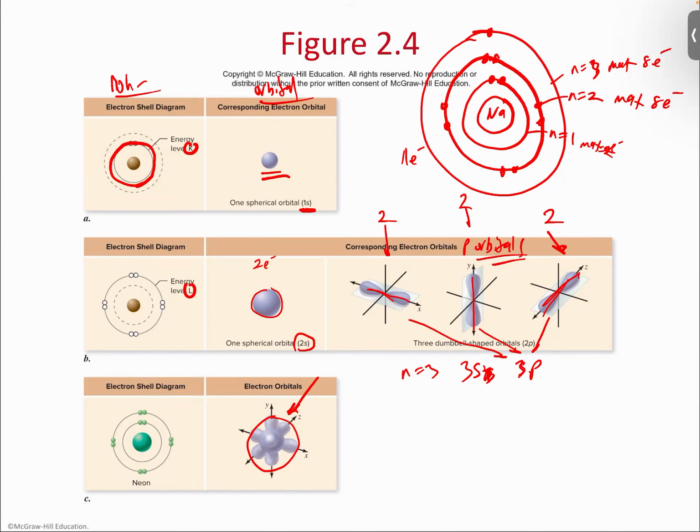So as you go out, n equals 4, n equals 5, n equals 6, n equals 7, and so forth, it's 8, 8, 8, 8 from here on out until you fill everything up. Make sense? So in that second ring, at this particular point, we had 9 left. We had more than 8, so we filled that second ring up. So that was done, and we've filled up all of our orbitals, so we're done there.